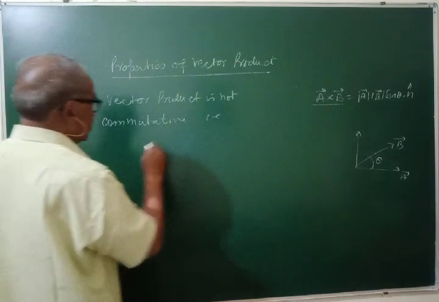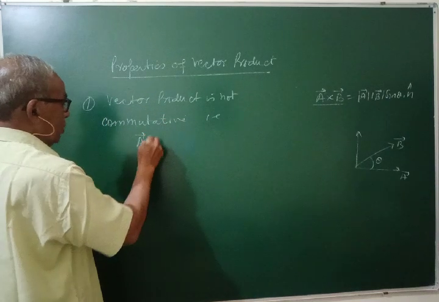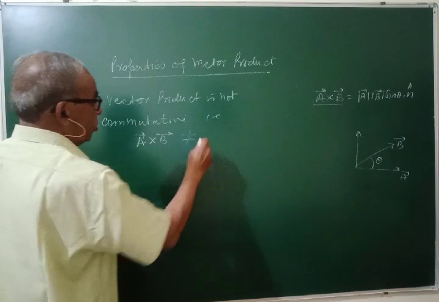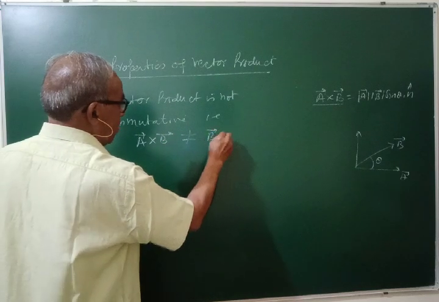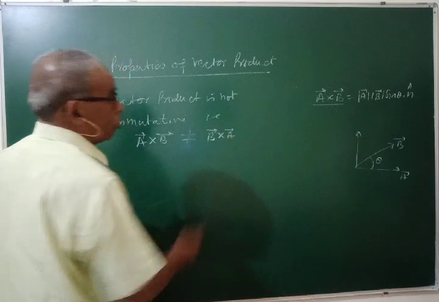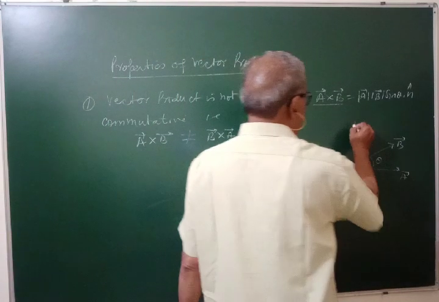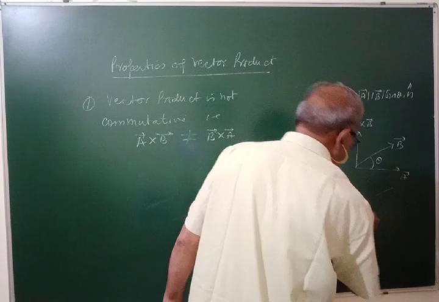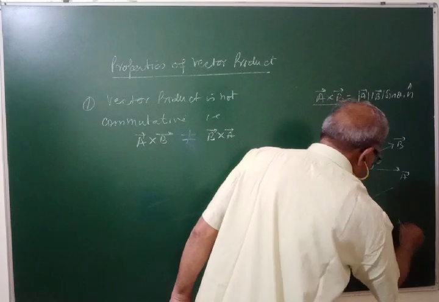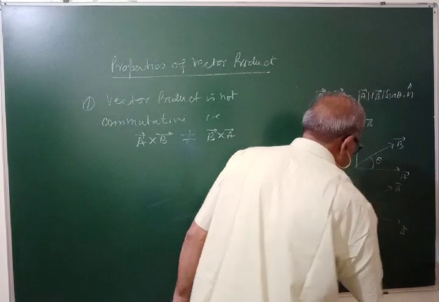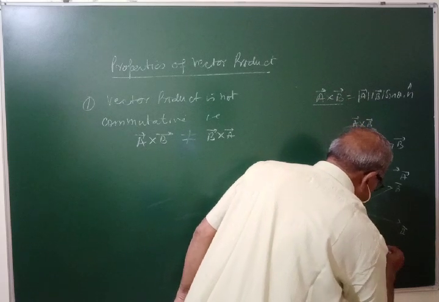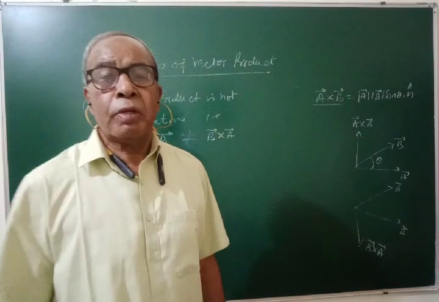That is vector A cross B is not equal to B cross A. Why? Because A cross B is upward and B cross A, if it is A and this is B, it is downward.